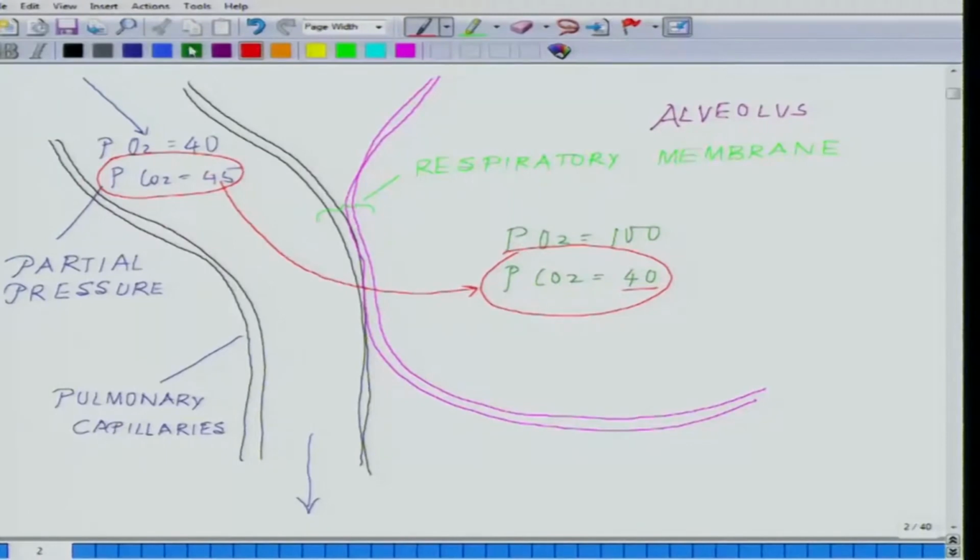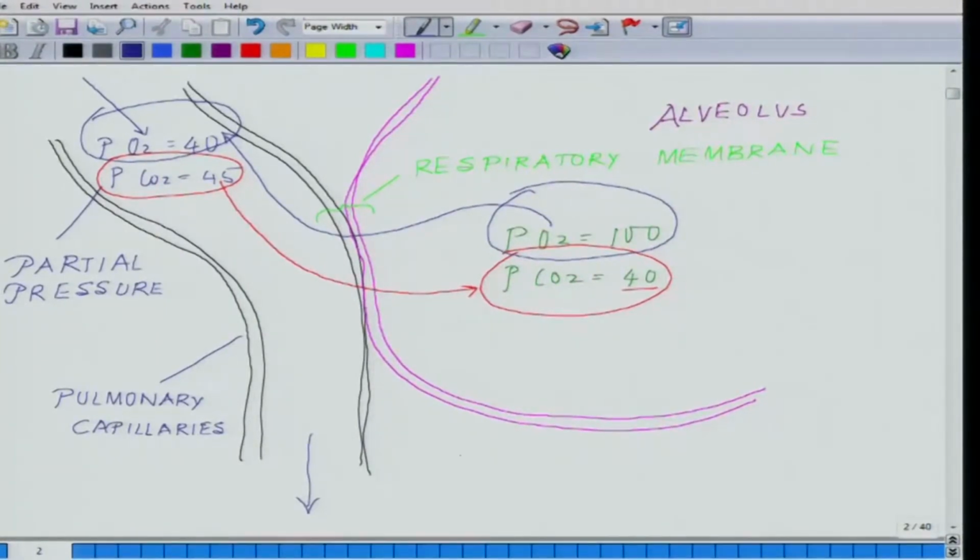And by the same token, on the other side, the partial pressure of oxygen is 40 inside the capillaries and the partial pressure of oxygen in the alveolus is 100. So, automatically this oxygen will move into the capillaries. So, this is how the external respiration is taking place.